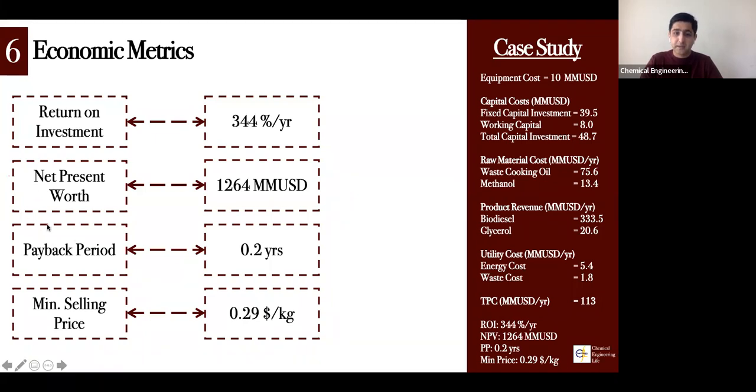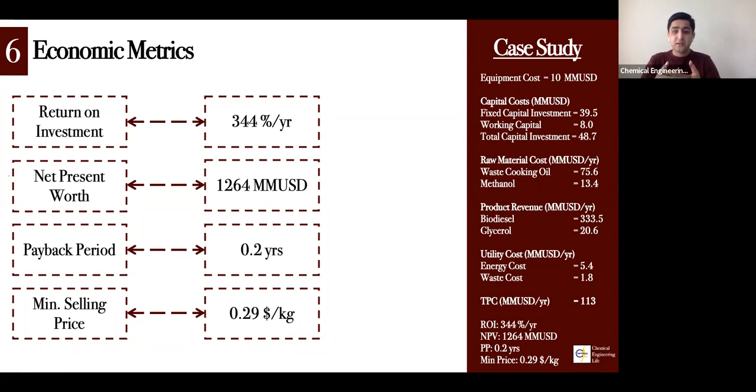And of course we have our payback period. If you look at the metrics that we have on the right, you can see that the investment was only 50 million. The total loan that we got was 50 million.